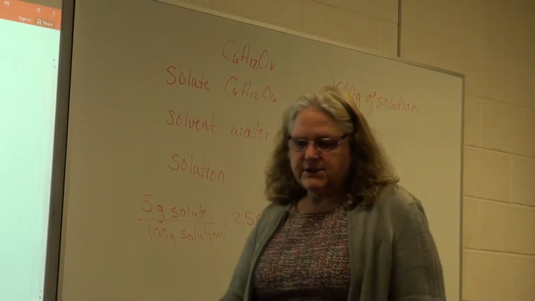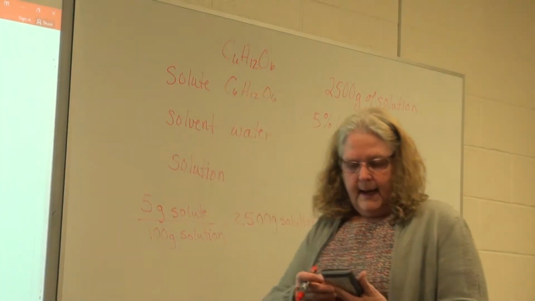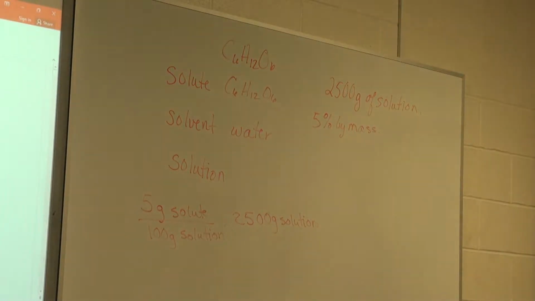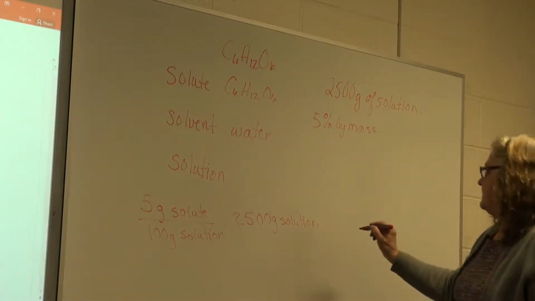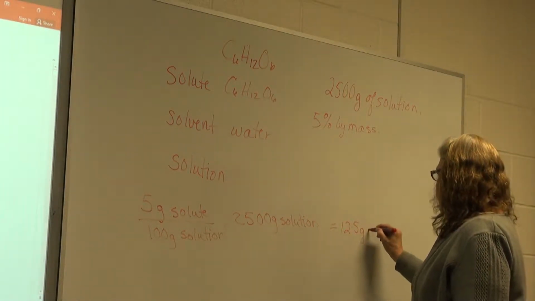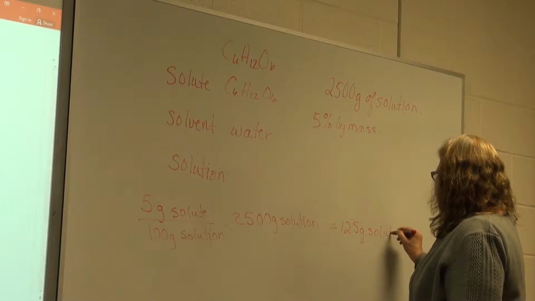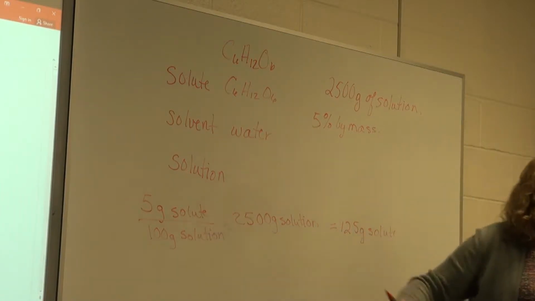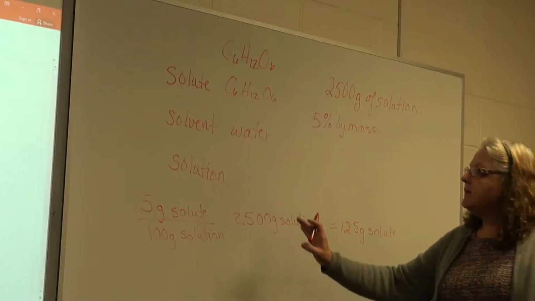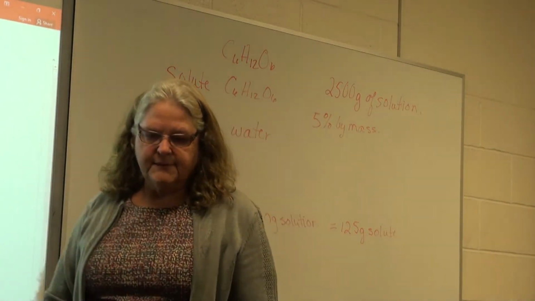So 5 times 2,500 divided by 100 is going to be 125 grams of solute. That's what it asked me, how much of that I would have to use. So I would have to use 125 grams.